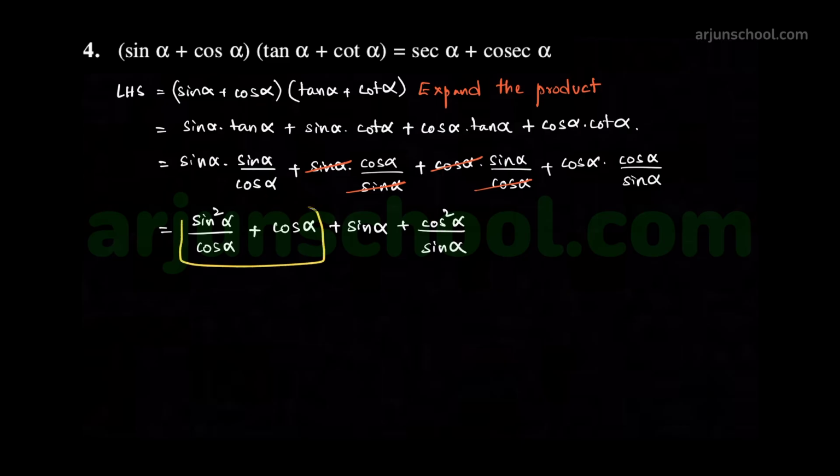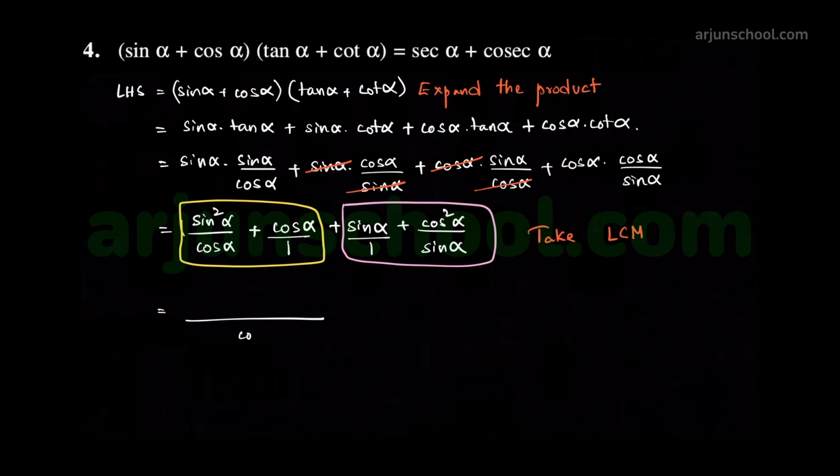Now let us take LCM separately for the first two terms and the last two terms. For the first two terms, LCM is cos alpha, and in the numerator we get sin square alpha plus, we have 1 as common, so cos alpha times cos alpha, cos square alpha.